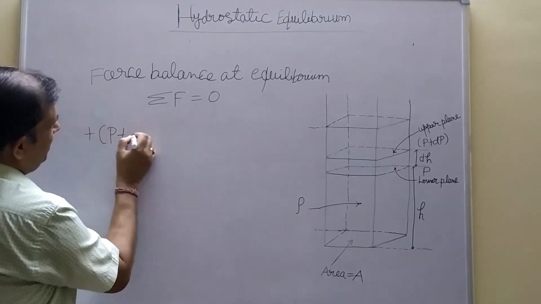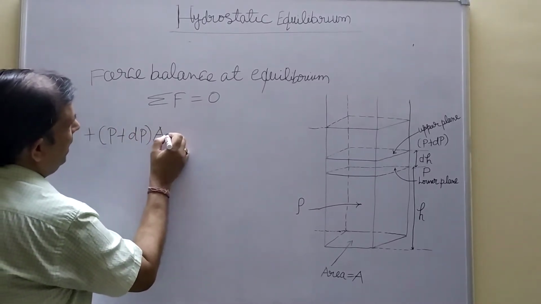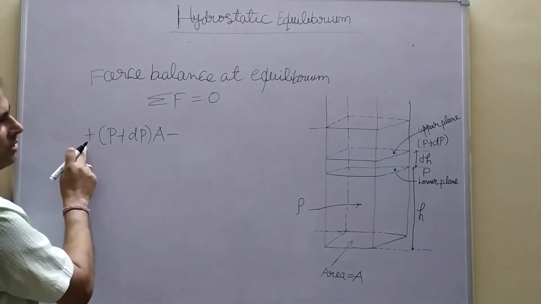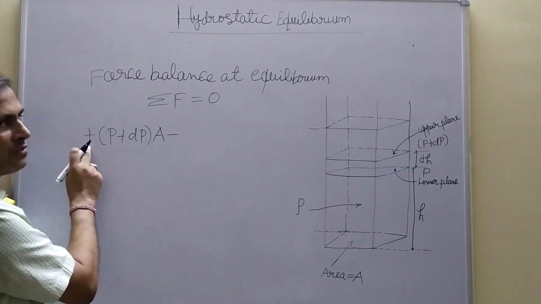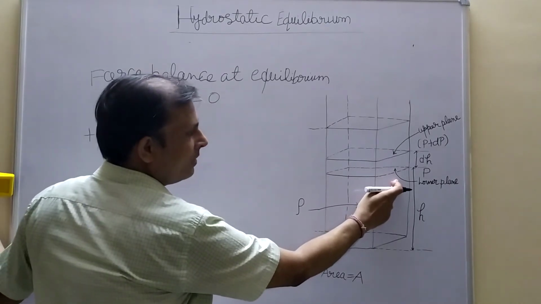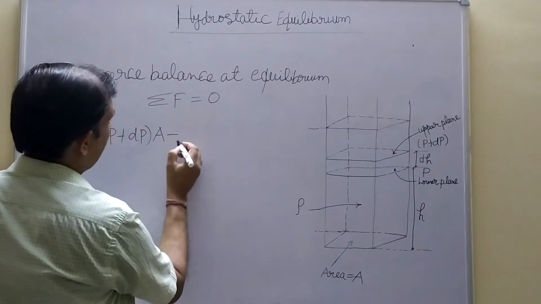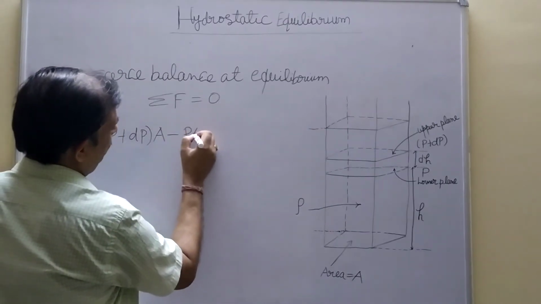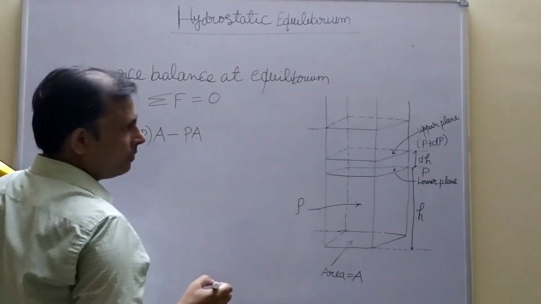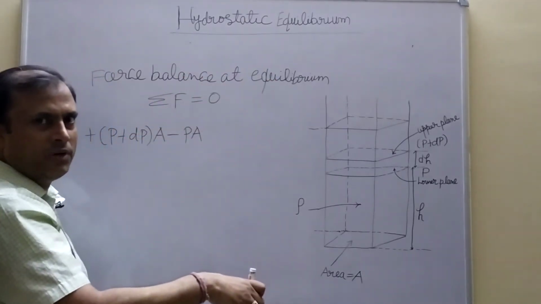So (P plus dP) into A, minus... the direction of this force we have considered positive, so we write a positive sign, and the direction of this force which is acting on the lower plane we consider negative, meaning upward direction, so that will be negative: P into A. Force due to gravity we have considered positive direction, it is acting vertically downward.